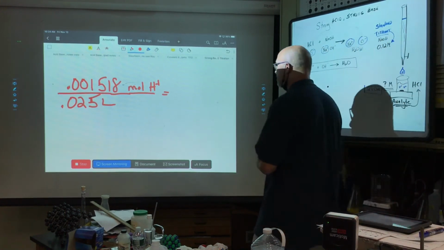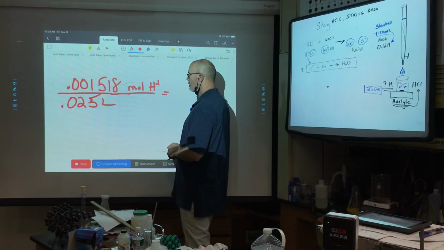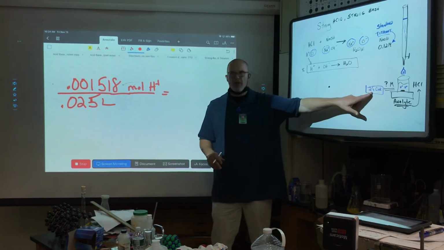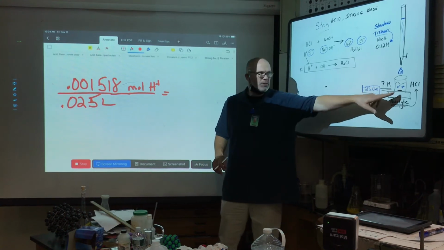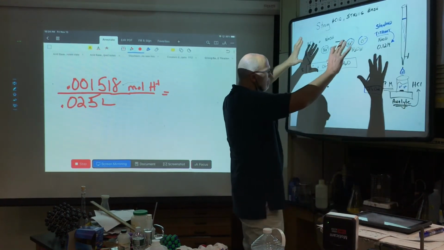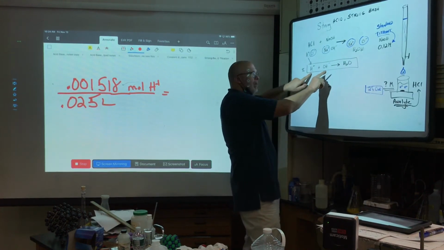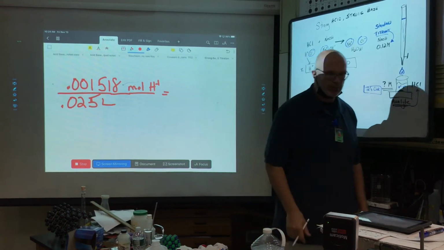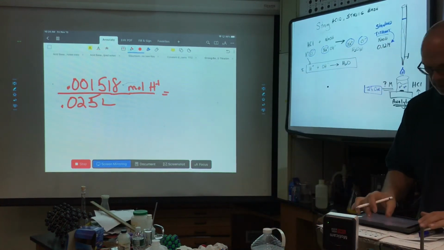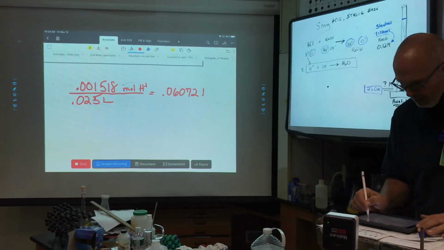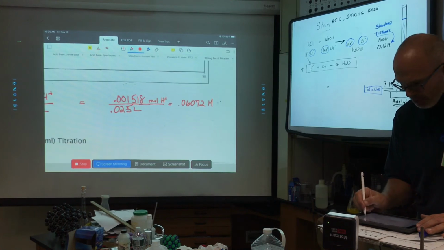Wait, wouldn't the liters be 0.01265? No, because we have 25 milliliters of this analyte. So we found the moles of the hydroxide, which have to equal the moles of the H+. There it is. It's sitting in a solution of 25 milliliters. Take the moles. What do we get with this? 0.06072, and that's the molar concentration of the H+.